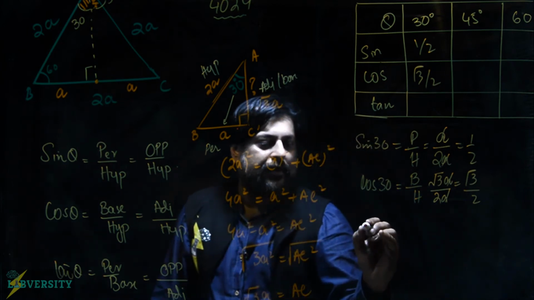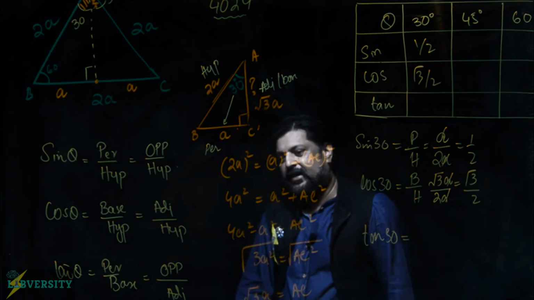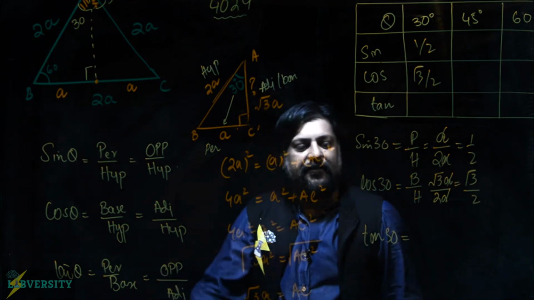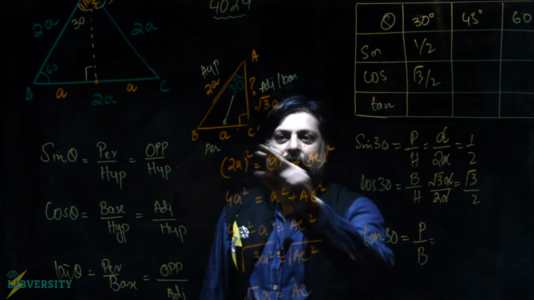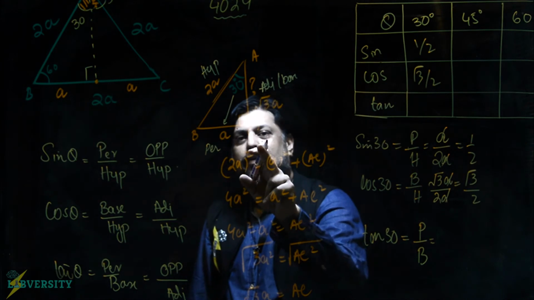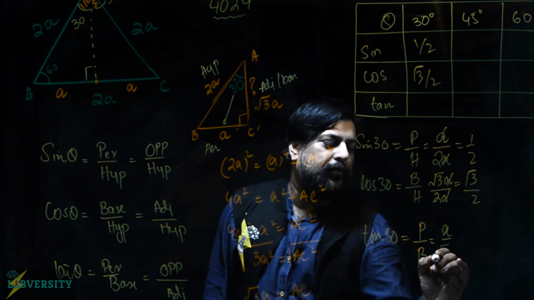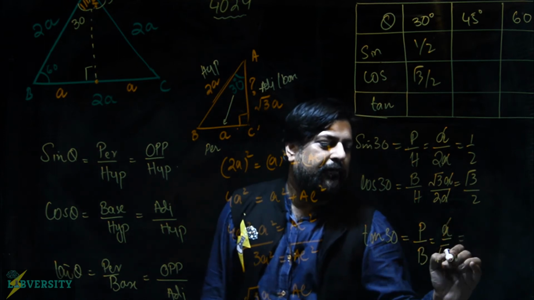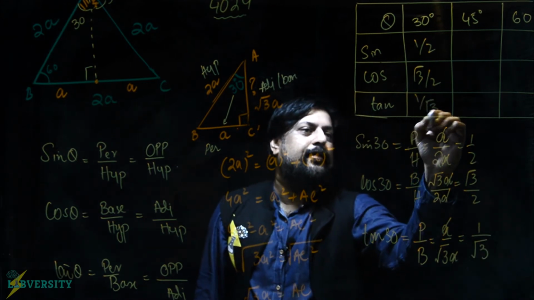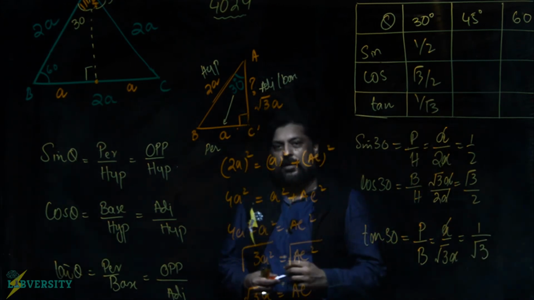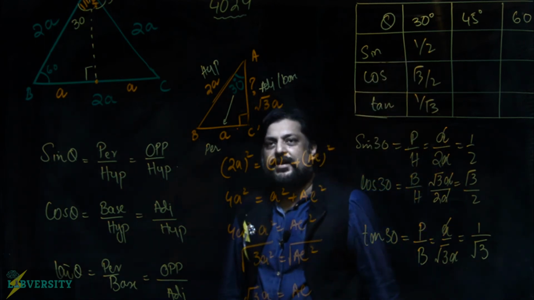Now we are looking for tangent 30. In tangent we have perpendicular upon base. Here in this triangle our perpendicular is A and our base is root 3 A. A will cancel A, giving 1 upon root 3. So now we have all the values of 30 for sine, cos and tangent.